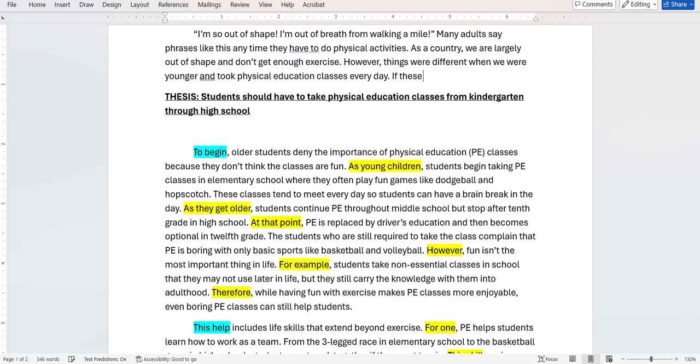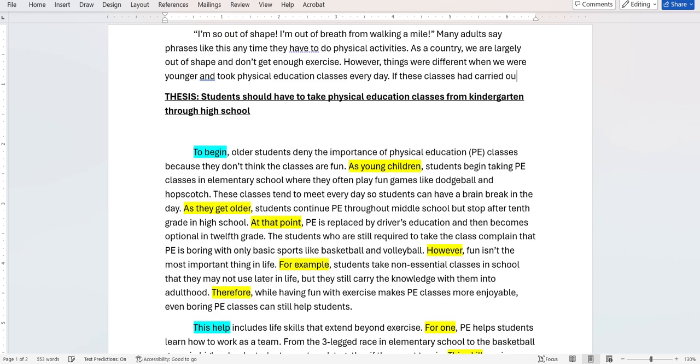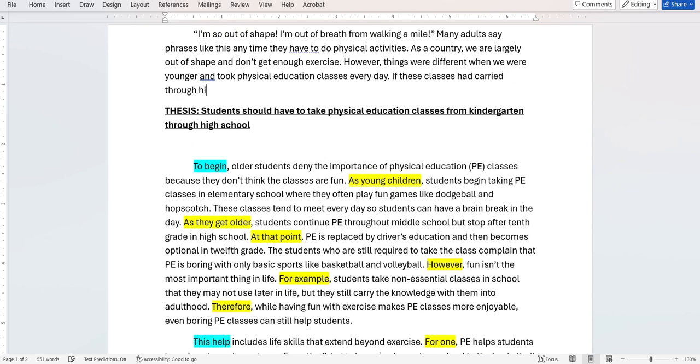If these classes had carried through high school, things were different when we were in, so I'm going to make this elementary school.